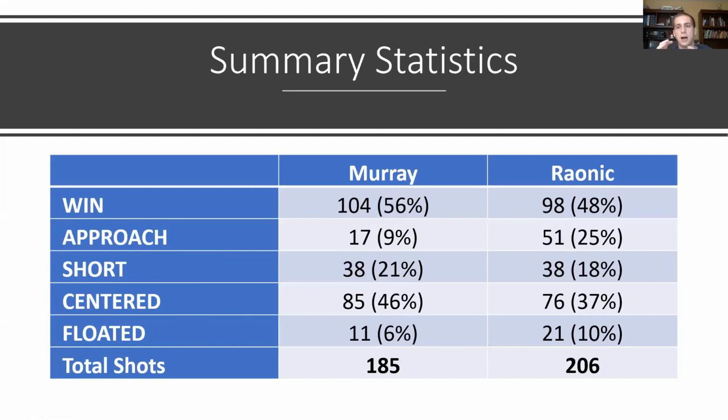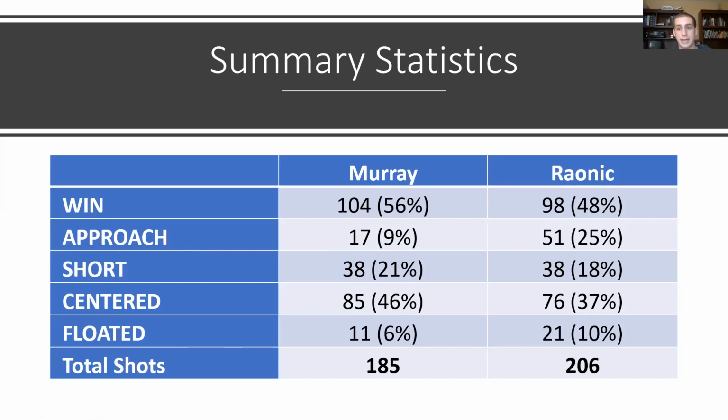This is, of the 185 shots that Murray had coming at him, where he eventually hit a rally shot, 85 were centered. So 85 of the incoming balls that Murray faced were centered. Raonic, 76 of the 206 incoming balls that Raonic faced were centered. Then, same thing for short and floated.